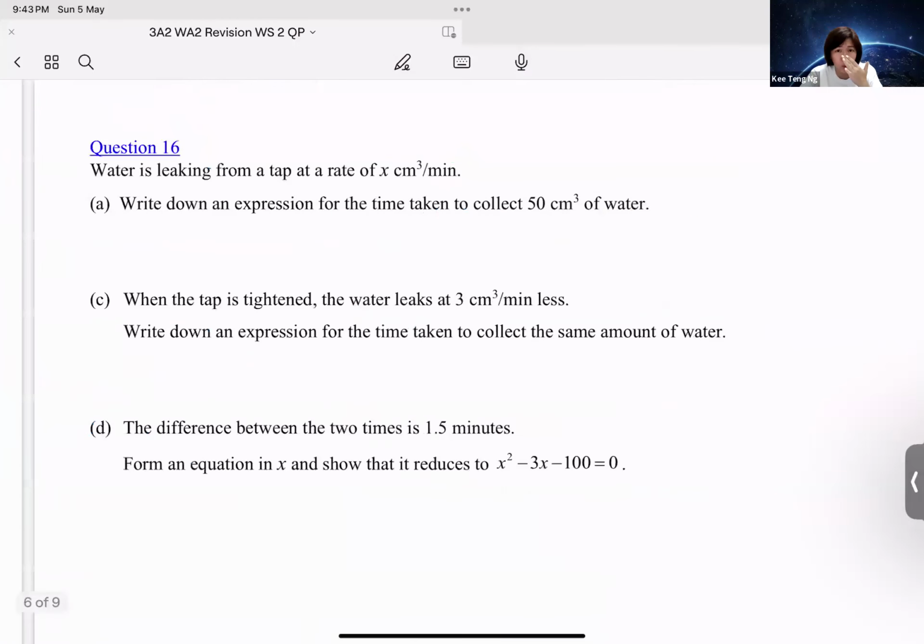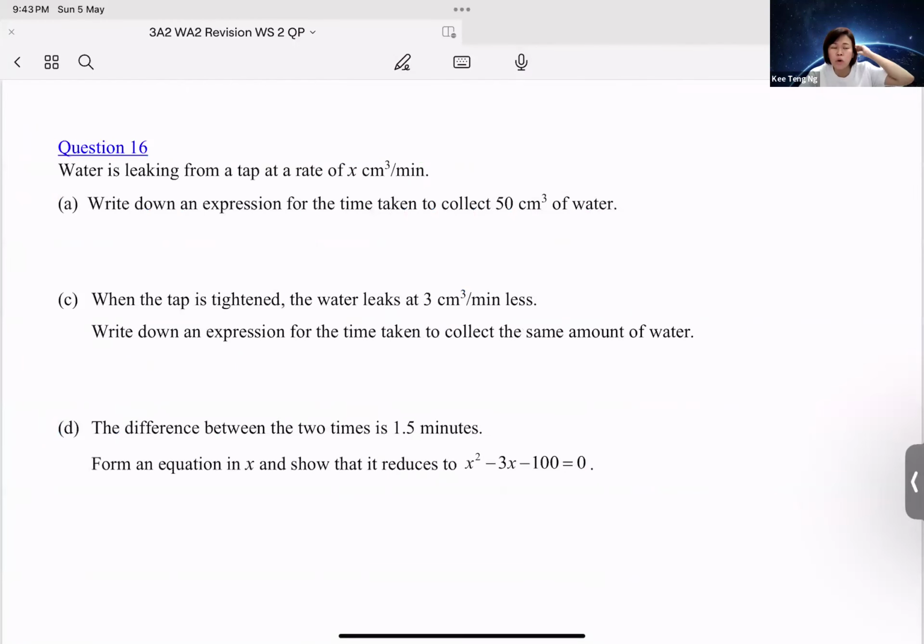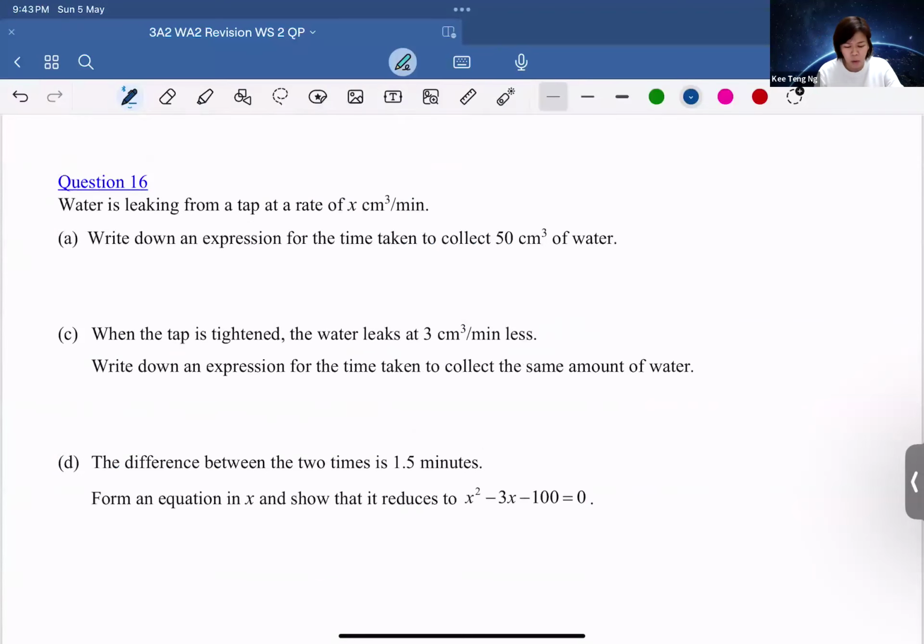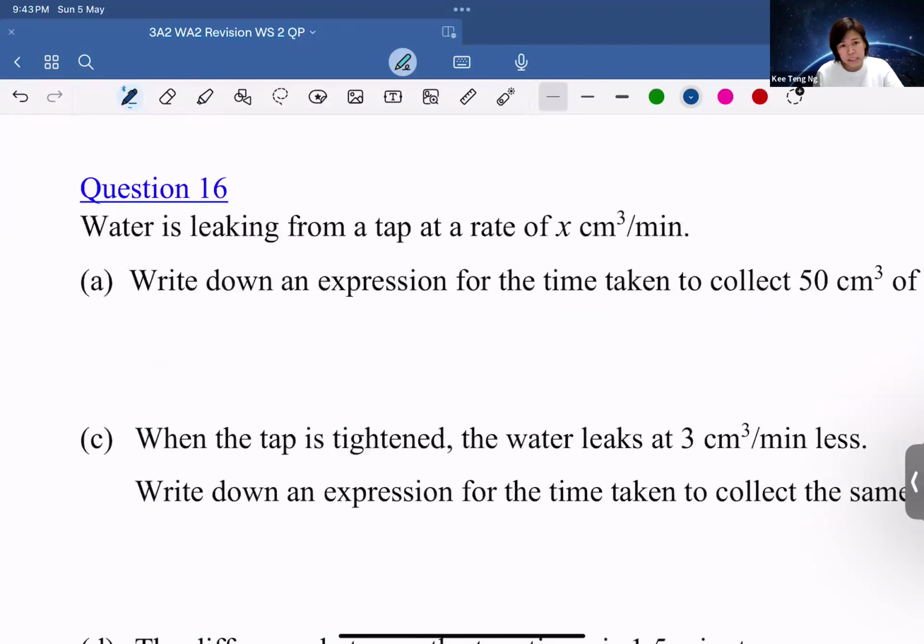Okay, this question is a word problem, and it involves rate. Let's take a look at our question carefully. Water is leaking from a tap at a rate of x cm cube per minute. So it's x cm cube for every 1 minute.